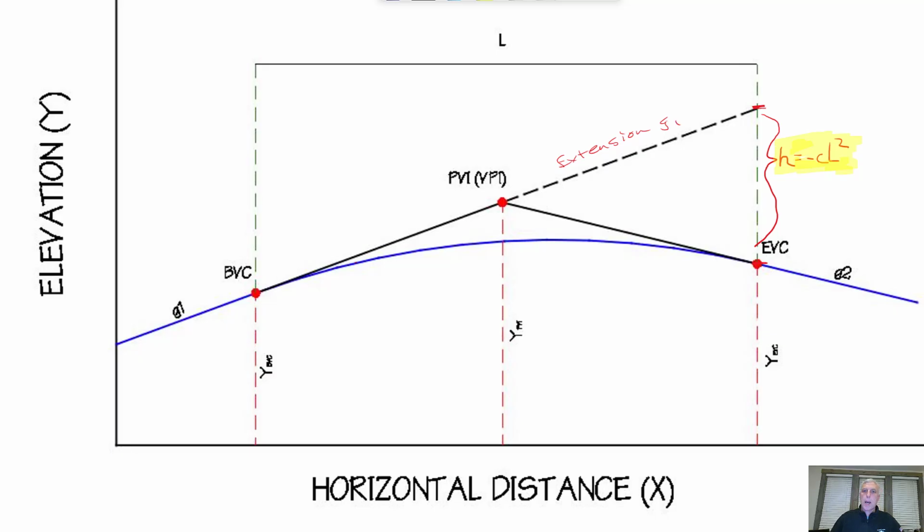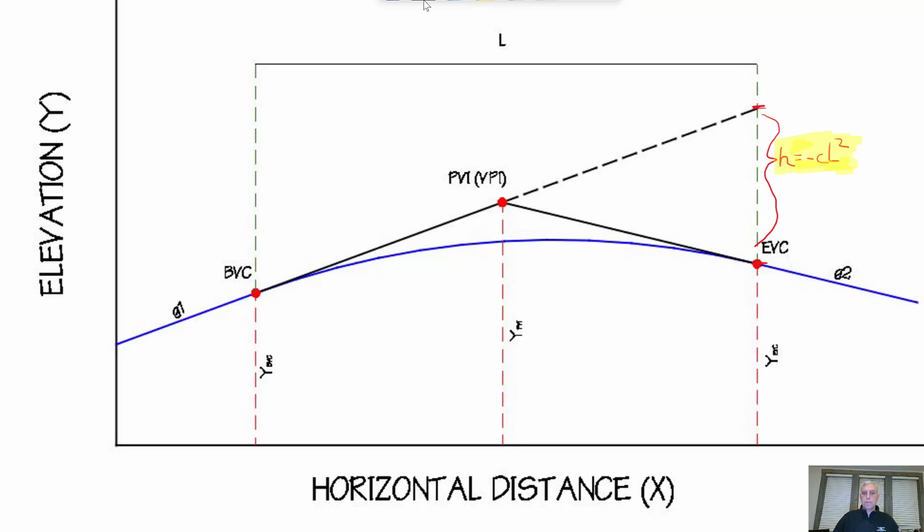So now, instead of looking at this tangent offset up from the curve up to the extension of G1, let's consider just the separation between the tangents. Let's just see what happens, okay? And let's call that h prime. Okay, so that's what we're going to look at. Erase all that.